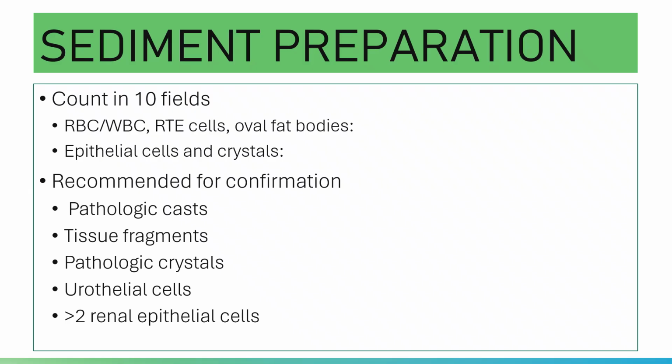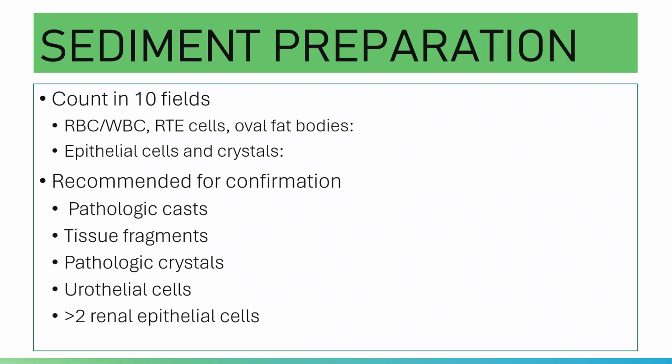So, yes, your leukocytes and erythrocytes, as well as your renal epithelial cells, are counted using high power. As I told you during our laboratory, you count at least 10 high power fields.